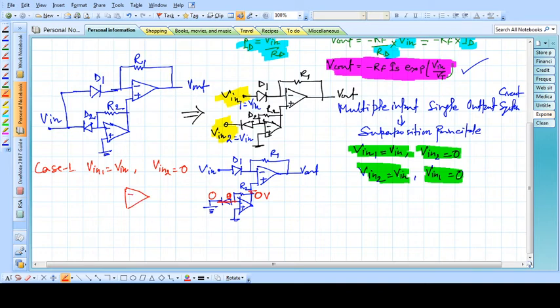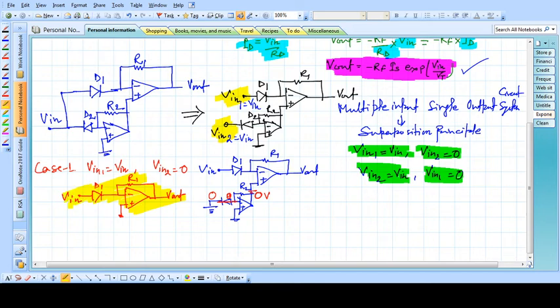Now again I am redrawing the same thing, so somehow it will look like R1, D1, and V in. So this one is nothing but simply an exponential amplifier, I already discussed.